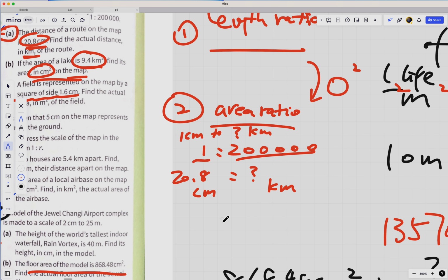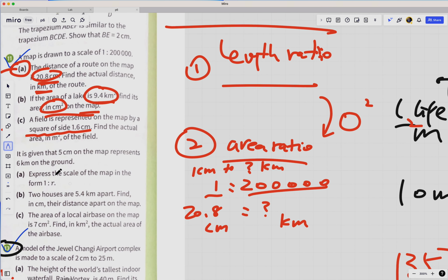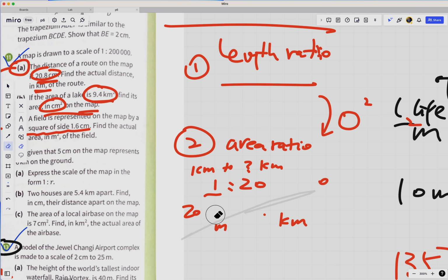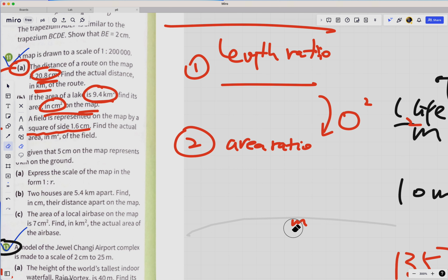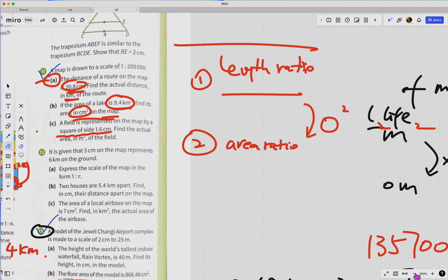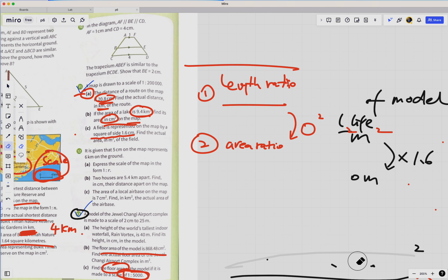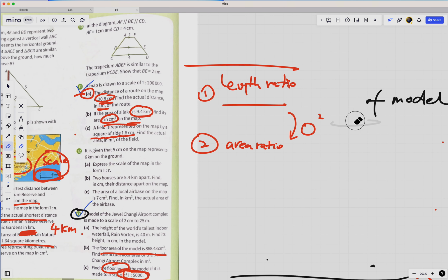2 km. Yeah, good. So the first step you do is, sorry, let me just tidy this up a little bit. Okay, so 1 to 200,000.